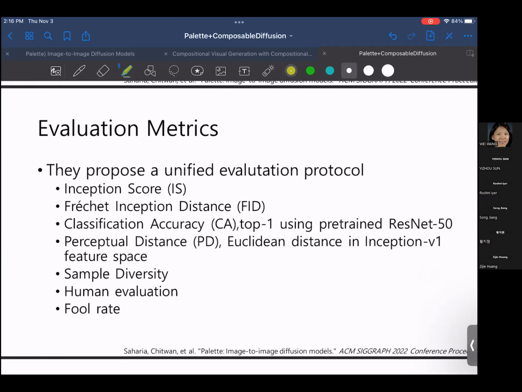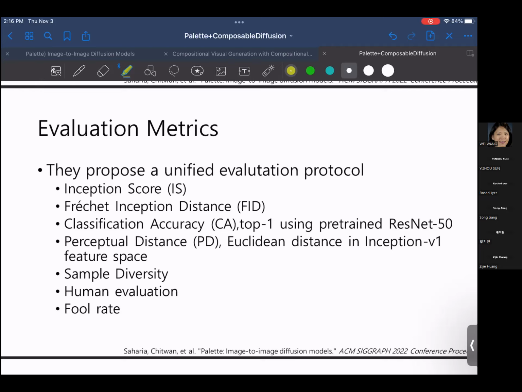Last time, Chang introduced some of the evaluation protocols used in GANs, which included FID, the Fréchet inception distance, but they also include various other scores, such as inception score and classification accuracy, where they only use top one, and perceptual distance, which is Euclidean distance.